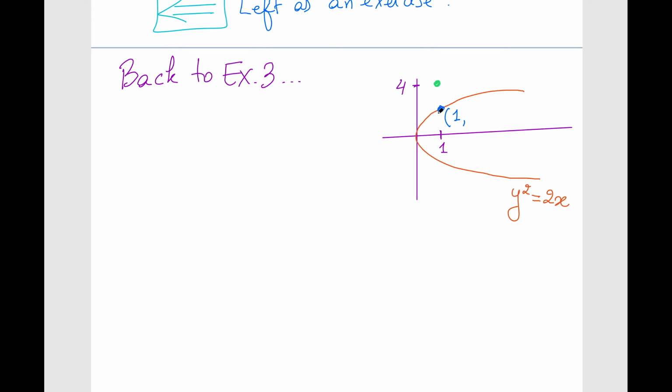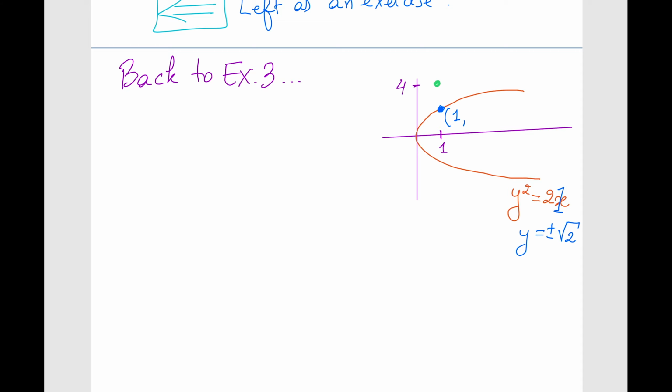This point, the blue point, belongs to the graph of this parabola given by y squared equals 2x. So its coordinates are going to verify the equation. If x is 1, y squared is 2, so y is plus or minus the square root of 2.